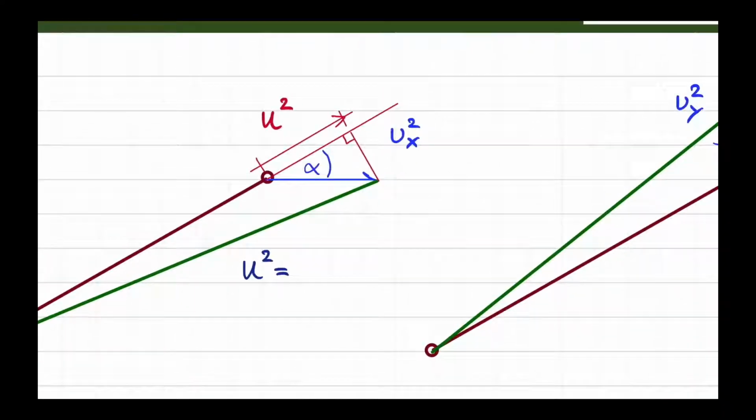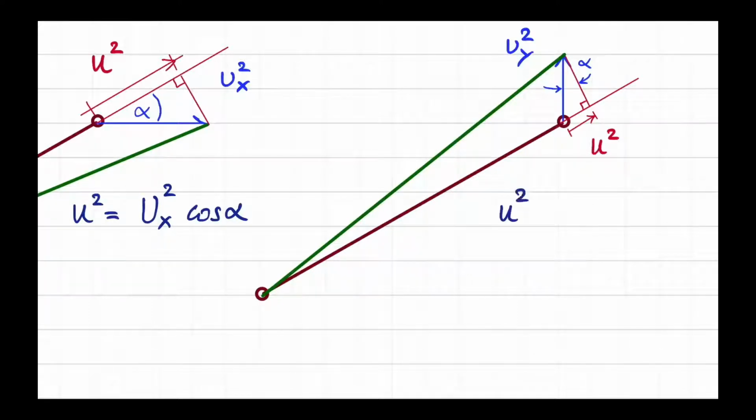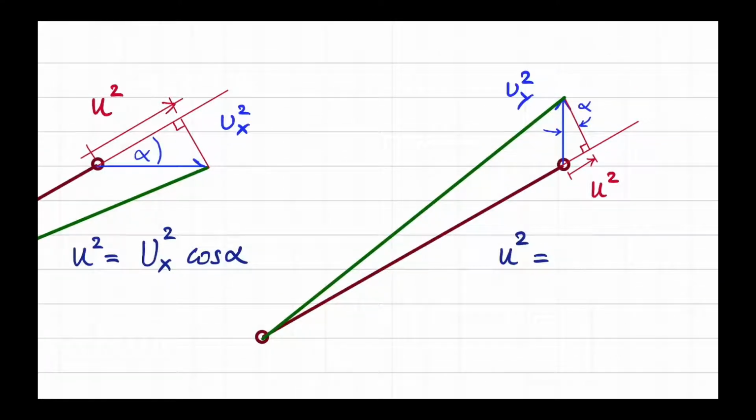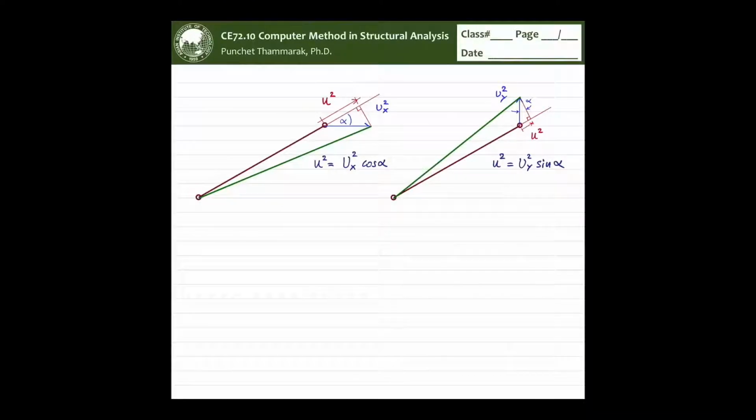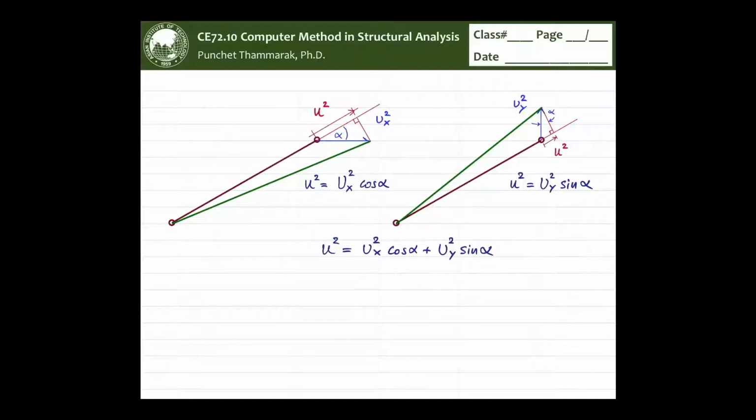u2 is equal to uppercase U2x. Okay, we take the component in the axial direction, you get the cosine alpha, and for this case u2 equals U2y sine alpha, and that makes u2 equal to U2x cosine alpha added up with U2y sine alpha in the case where you have both x and y displacement.